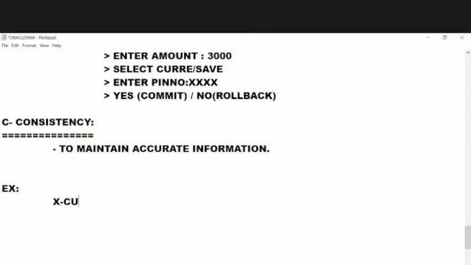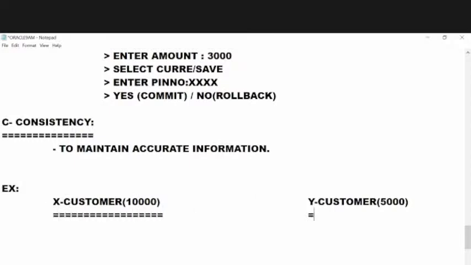One example: X is a customer, and Y is another customer. Y's account balance is 5,000 rupees. X customer's account balance is 10,000 rupees. So carefully observe the concept. X customer account balance is 10,000, Y customer is 5,000.